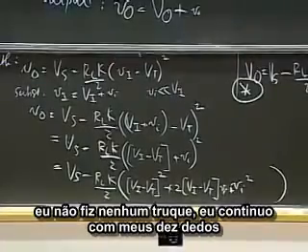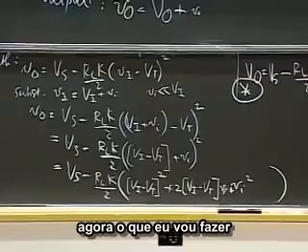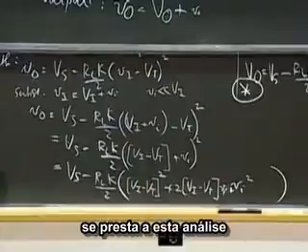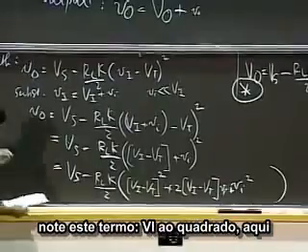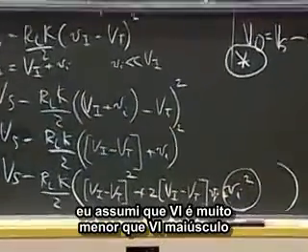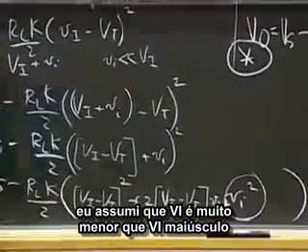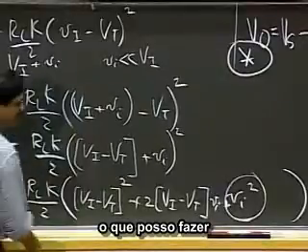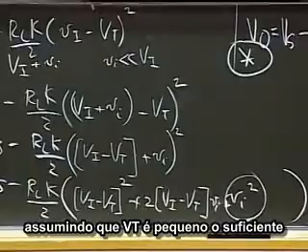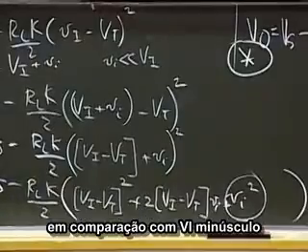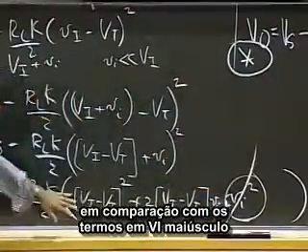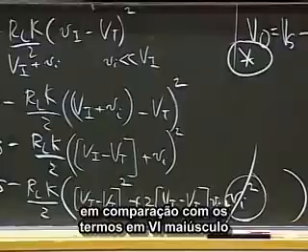I still have all my 10 fingers. Okay, now watch me. I'm not using Taylor's series here because this expression lends itself to this analysis. Notice vi squared here. I made the assumption that small vi is much smaller than capital Vi. Assuming that Vt is small enough that Vi minus Vt is still a big number compared to small vi, I can ignore this in comparison to the capital Vi terms.